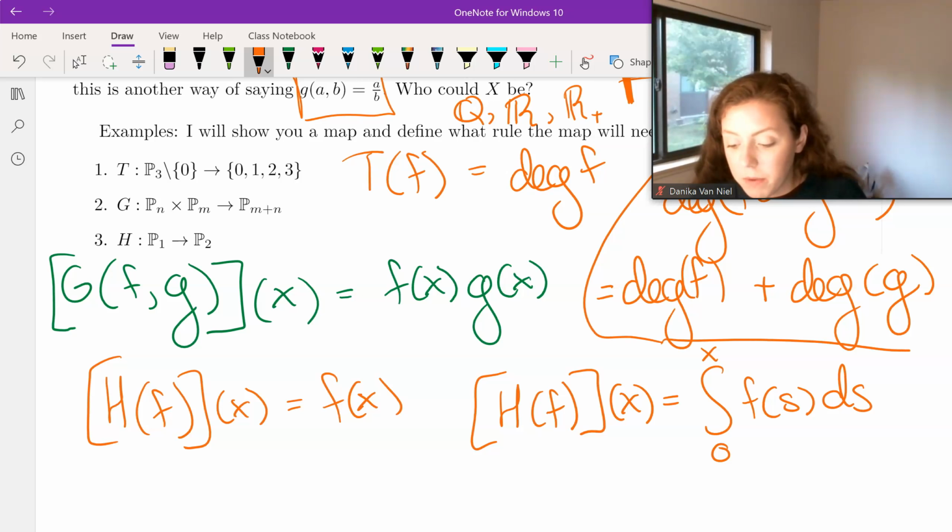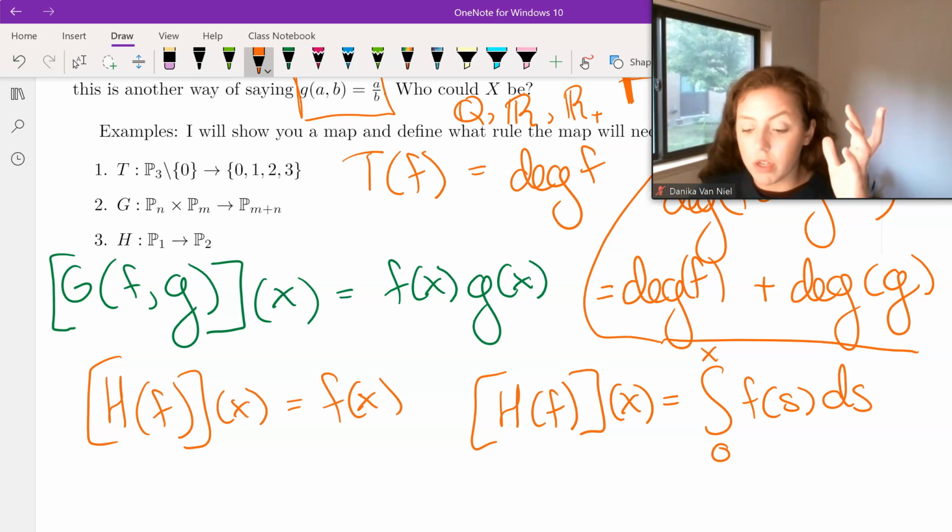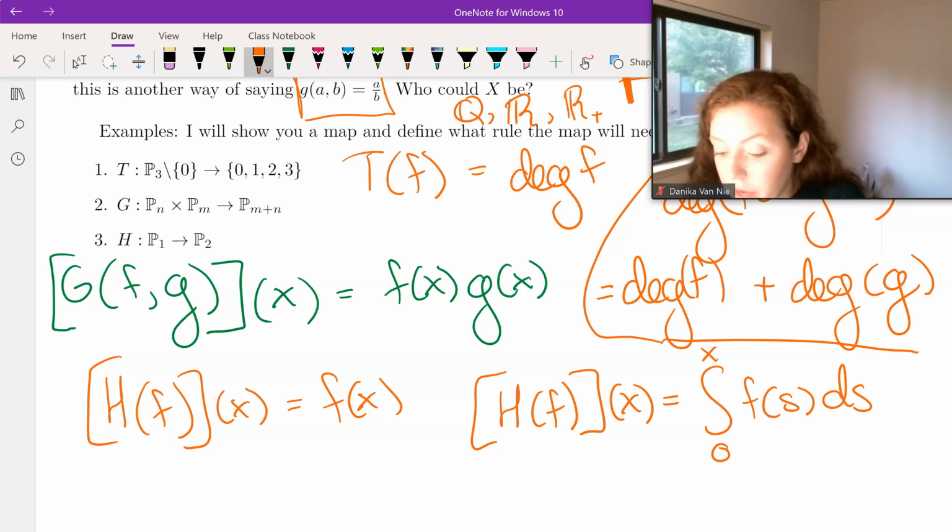That might be a little bit confusing because you're like, where's this s coming from? Well, when you take the integral of something, remember you have to plug in stuff. So you don't just get, because we don't want an indefinite integral, we want to know what that constant term at the end is. We don't just want a plus c at the end. So we have to set up something here.